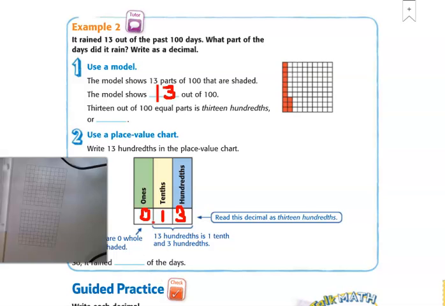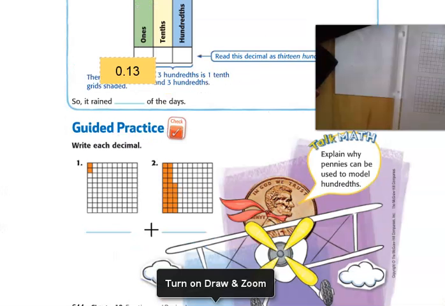There you go. Okay, so now looking at my hundredths chart, I have 0 whole charts shaded, so 0 ones. I have 0 full bars that are shaded, so that would be 0 tenths. And I see 2 squares that would be shaded, so that would be 2 hundredths, 0.02 or 2 hundredths is how that one looks.